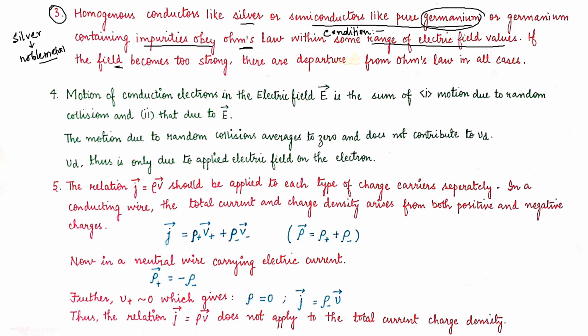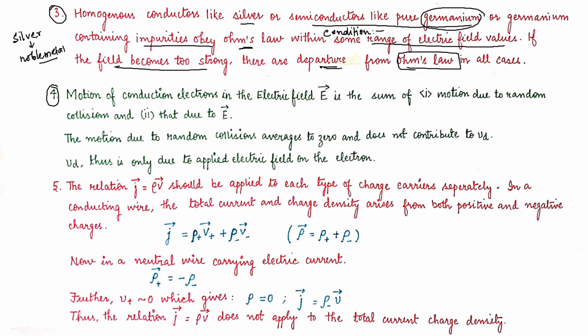If these electric fields are stronger than these certain values, then not only these conductors or semiconductors, but all the conductors and electrical equipment which follow Ohm's law will deviate from Ohm's law, showing departure from it.